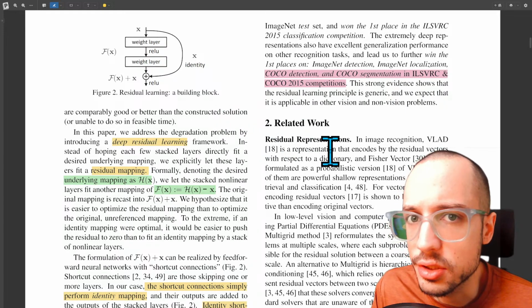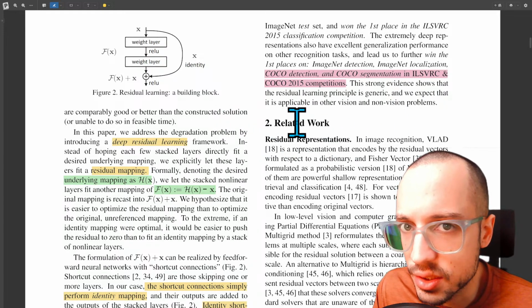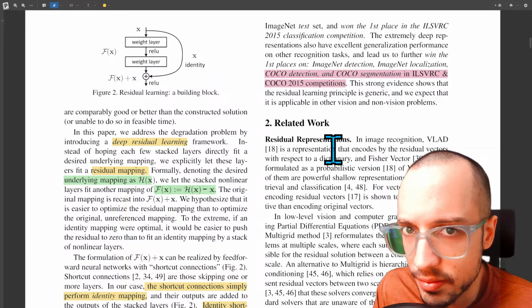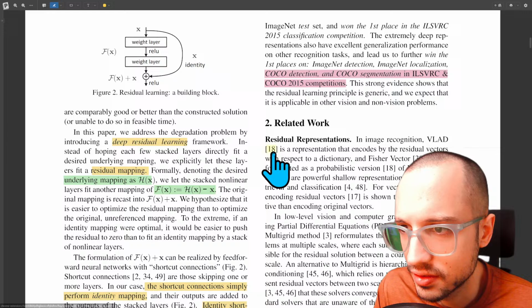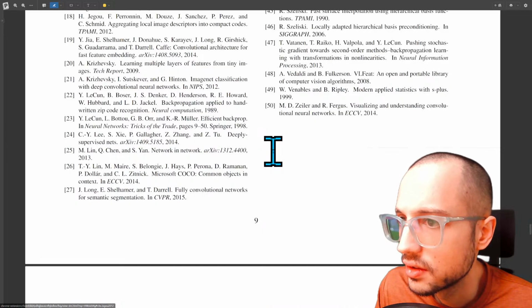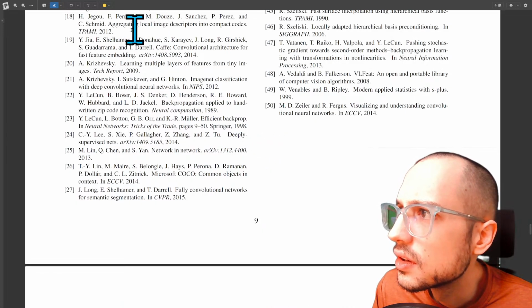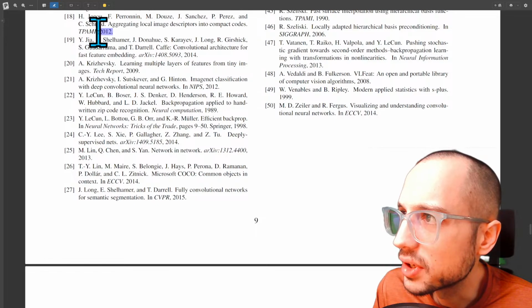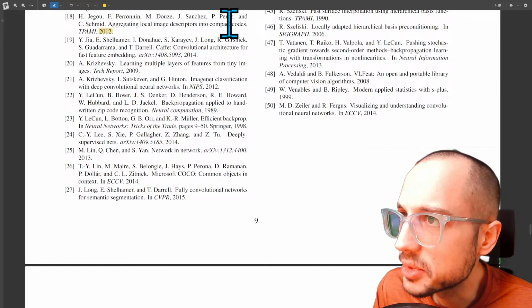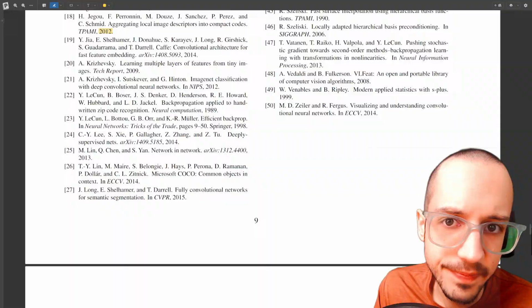Residual representations. In image recognition, VLAD is a representation that encodes by the residual vectors with respect to a dictionary, and a Fisher vector can be formulated as a probabilistic version of VLAD. What are these? The 2012 paper, aggregating local image descriptors into compact code.